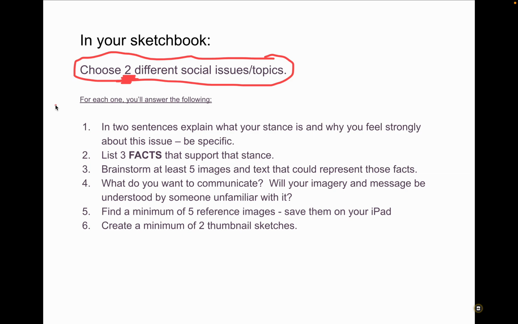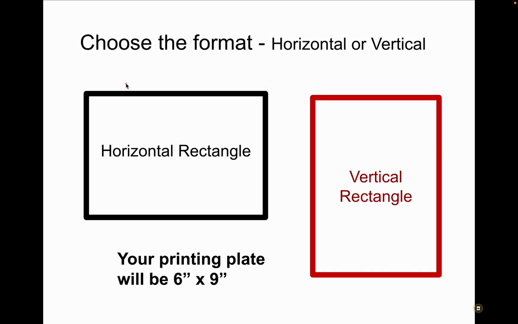So you'll answer the prompts for topic number 1, do your 2 sketches for topic number 1. Then you'll pick a different topic. Do your research, write your stuff, do your brainstorming, do a few more sketches. 2 different topics.